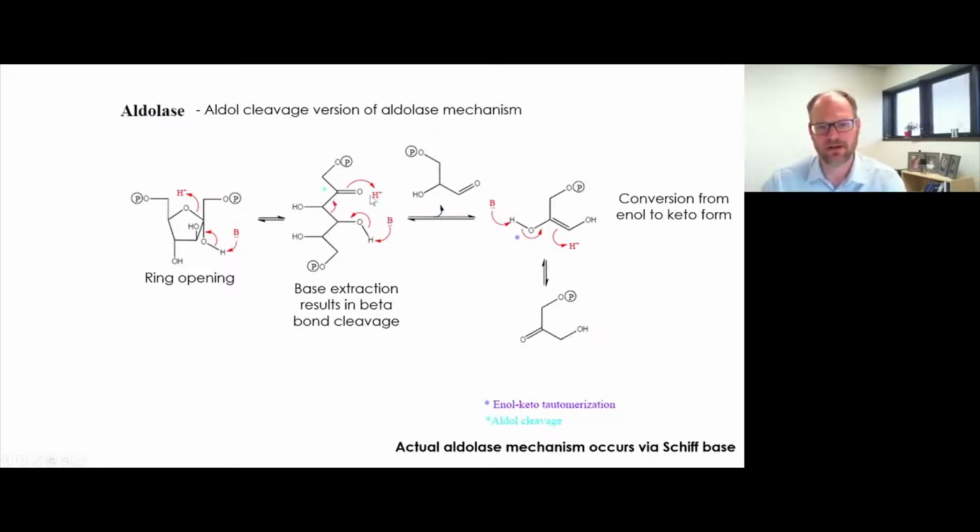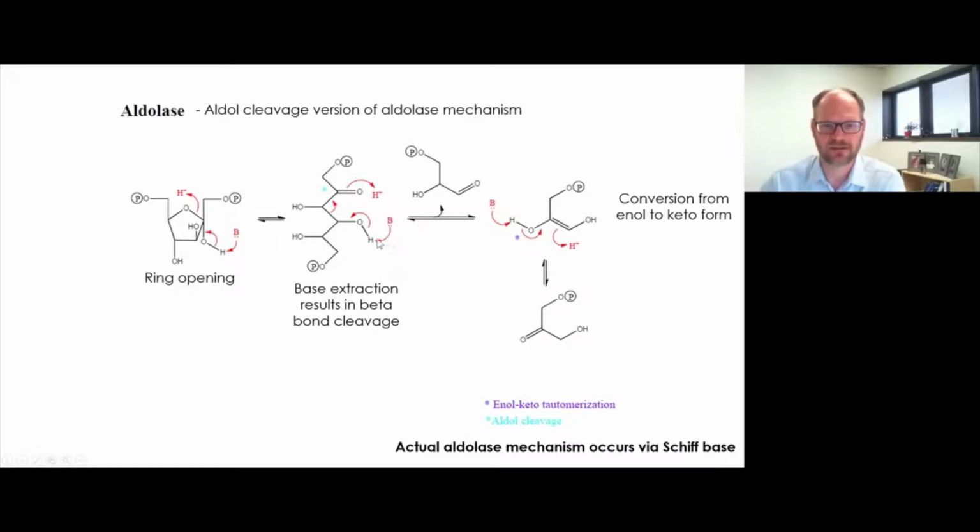Then in this particular case, you have a bond where this one is called alpha, this one's beta, so the one that's 2 away from the carbonyl we refer to as beta. So this here would be the beta carbon, and this bond is labile. The reason for that is because of resonance. We'll see here in a minute.